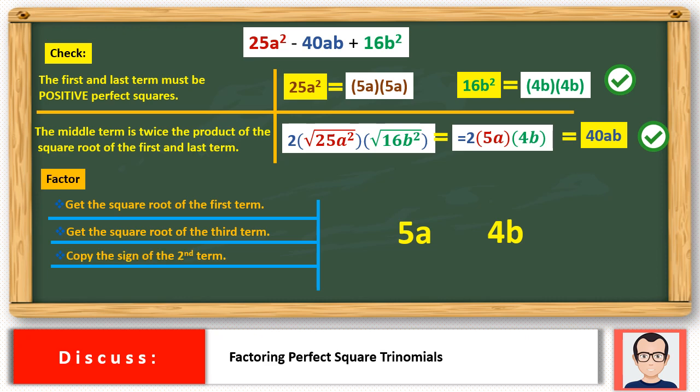Then we copy the sign of the second term, which is, what do you think? Okay, that's correct. That's a minus sign. And lastly, we write the factors as the square of a binomial. And our final answer is the square of 5a minus 4b.